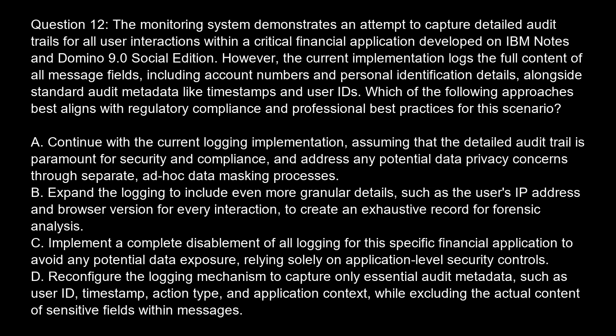Option C. Implement a complete disablement of all logging for this specific financial application to avoid any potential data exposure, relying solely on application-level security controls. Option D. Reconfigure the logging mechanism to capture only essential audit metadata, such as user ID, timestamp, action type, and application context, while excluding the actual content of sensitive fields within messages.